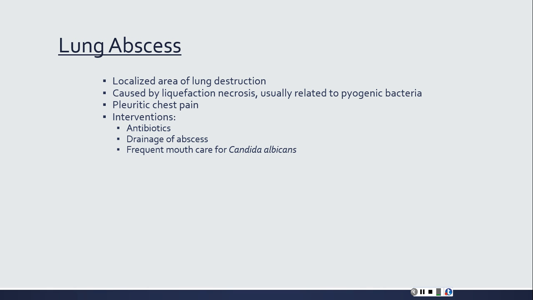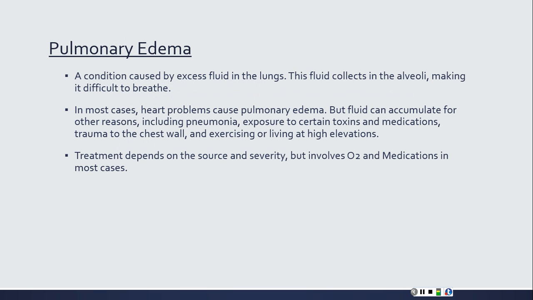I mean, anybody that has a diminished respiratory system or a depressed respiratory system, immunocompromised big time, okay? And then anybody that's on these antibiotics that are, you know, sometimes they're killing off normal flora, okay? All right. Next, pulmonary edema.